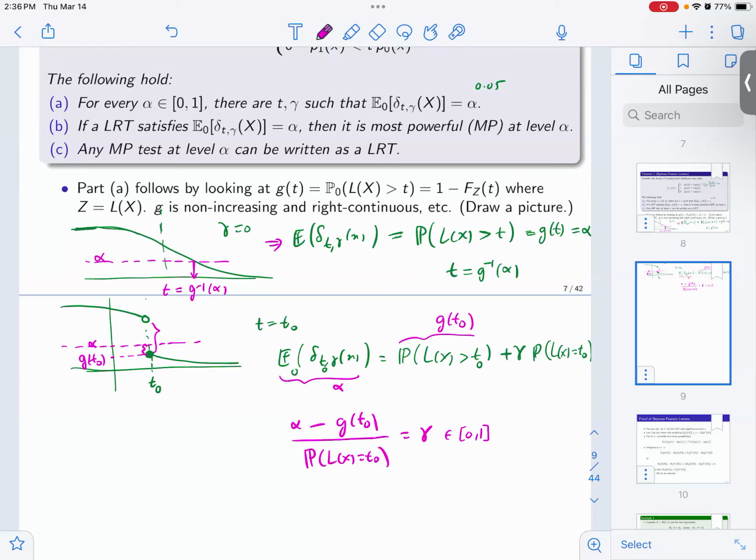But the tricky part is when it's not possible. At theta naught, my level will be less than alpha, but if I'm a little bit above, it will be very high. So that's what we do. Okay. Sounds good.